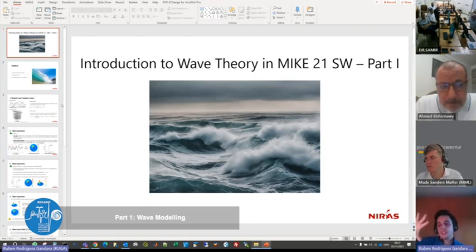So this is, as you know, MIKE, a wave transformation model that needs some boundary conditions in the form of waves and winds.